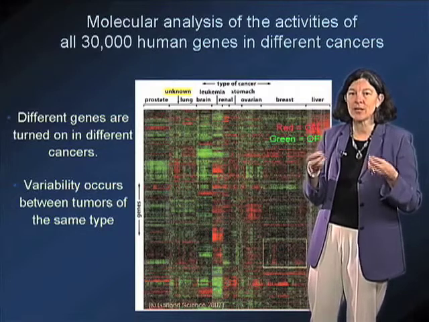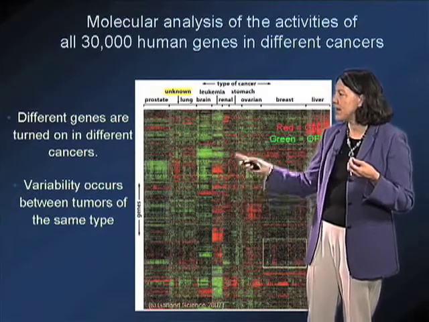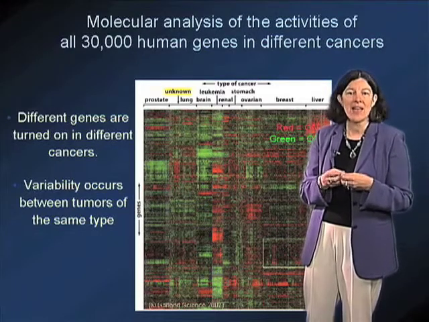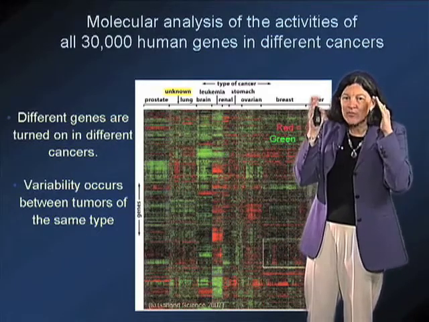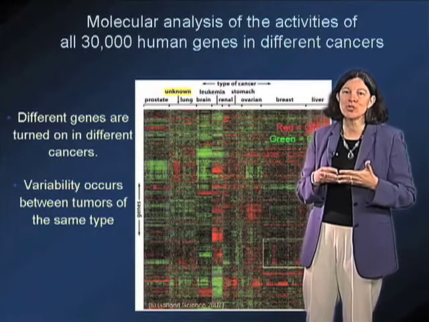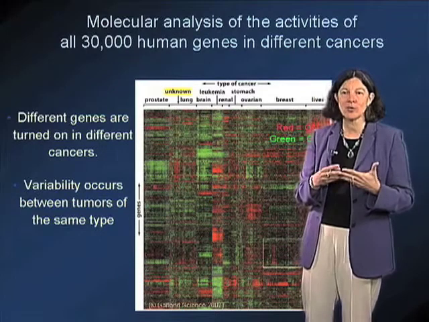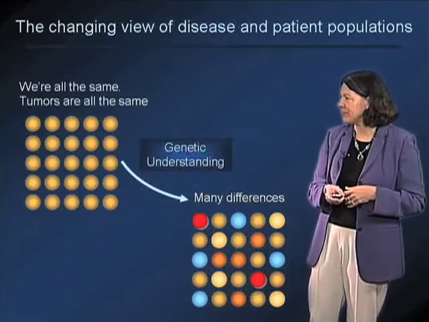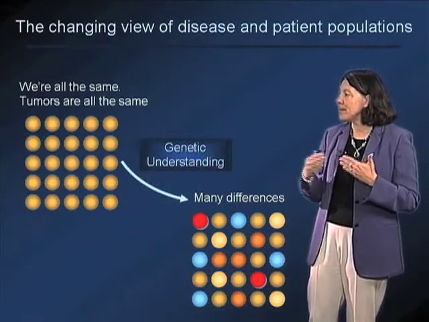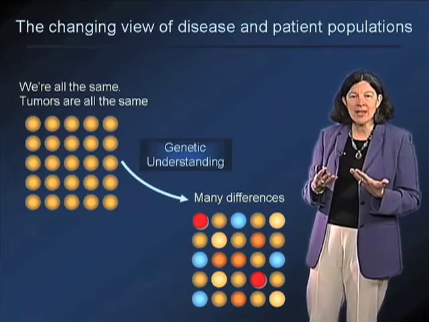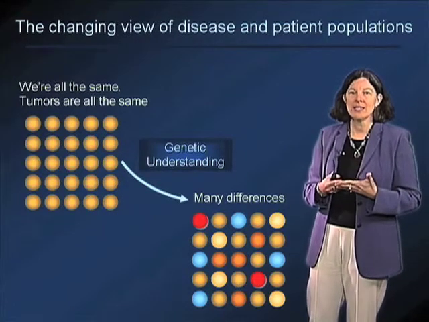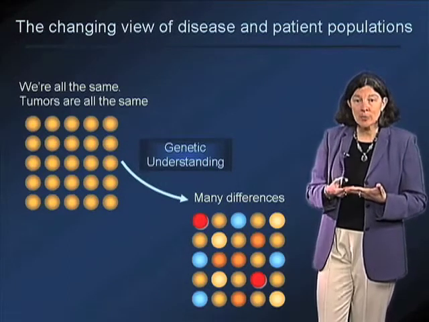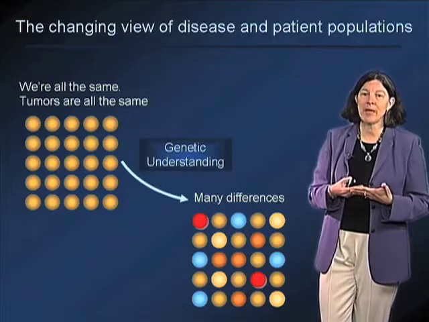And we really now can appreciate, because of this kind of detailed molecular understanding, molecular fingerprinting analysis, that we really need to have a more high-resolution view of the tumor itself in order to define the most appropriate treatment for that tumor. So I think a really major revolution in our thinking about cancer biology is this appreciation of the diversity both of tumor populations and of patient populations.